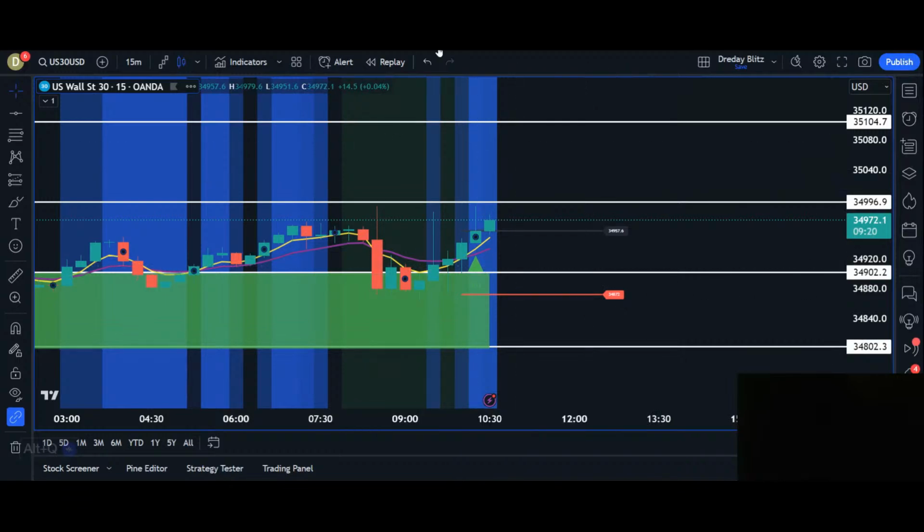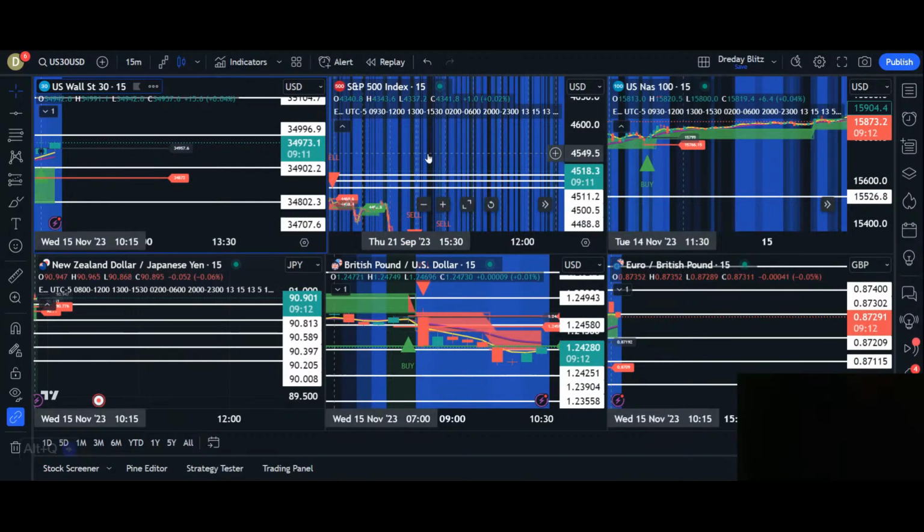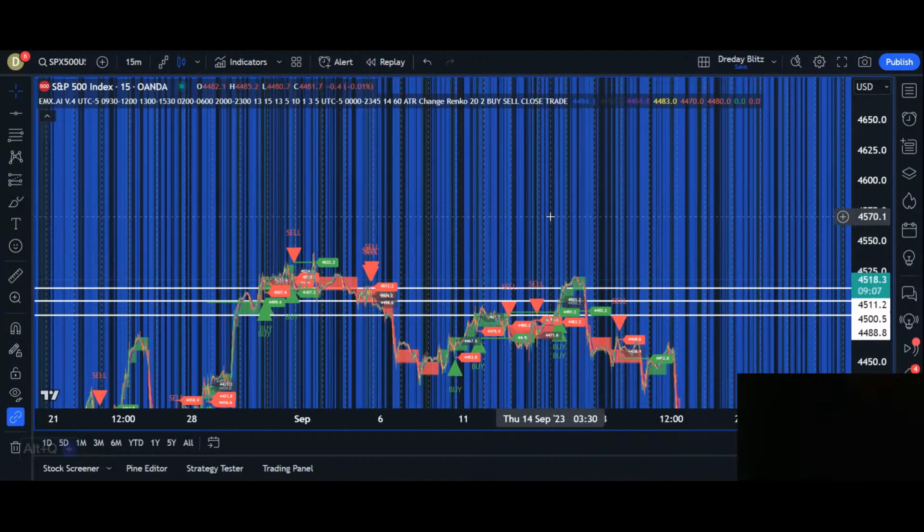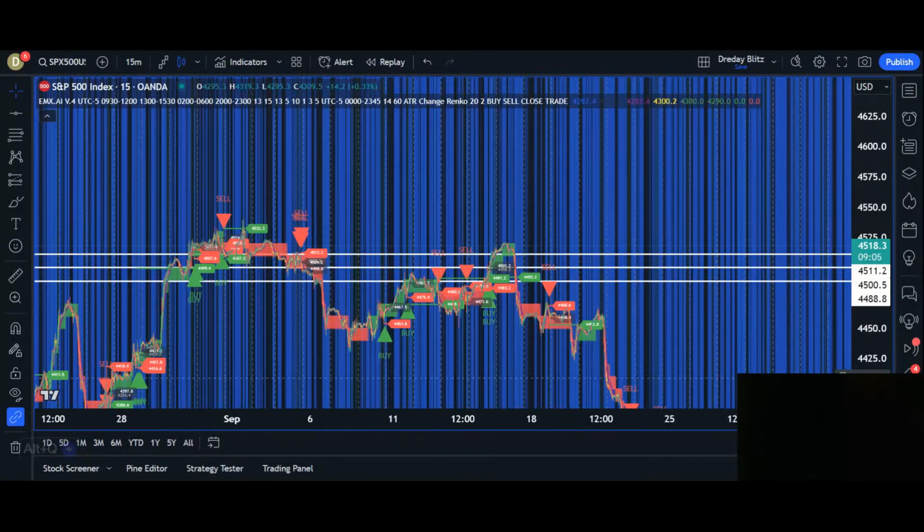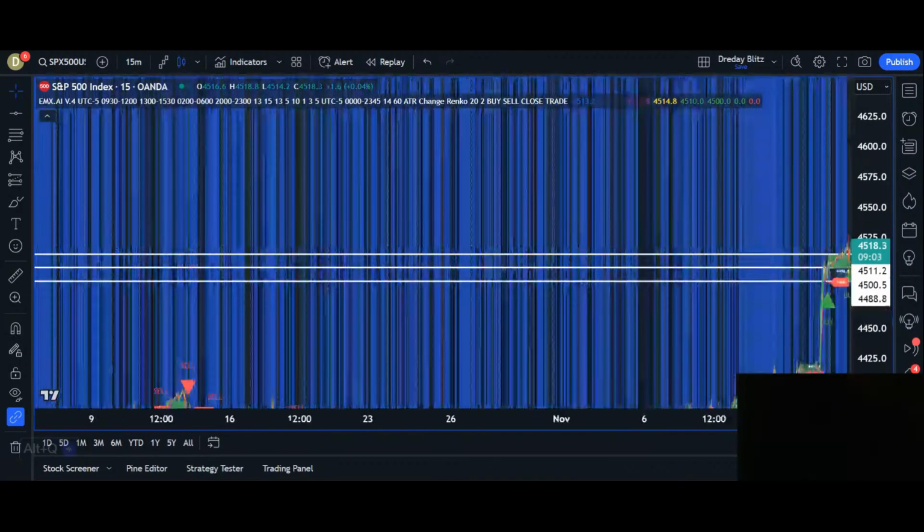And if you were in the trade since Monday, you'll be in good profit overall. Same thing for SSP 500.